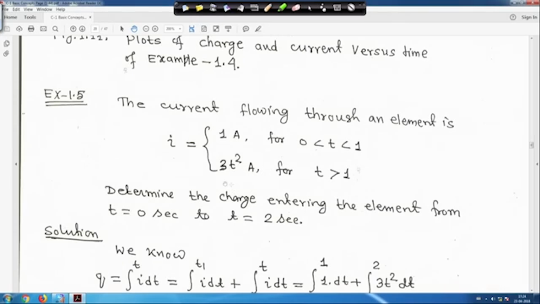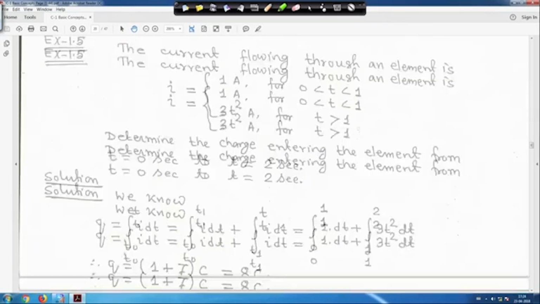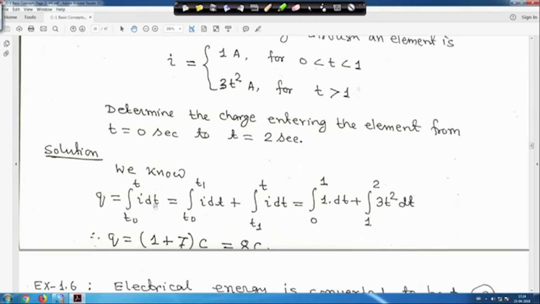You have to determine the charge entering the element from t is equal to 0 second to t is equal to 2 second. We know that q is equal to the integral from 0 to 2 of i dt, which is the integral from 0 to 1 of i dt plus the integral from 1 to 2 of i dt.